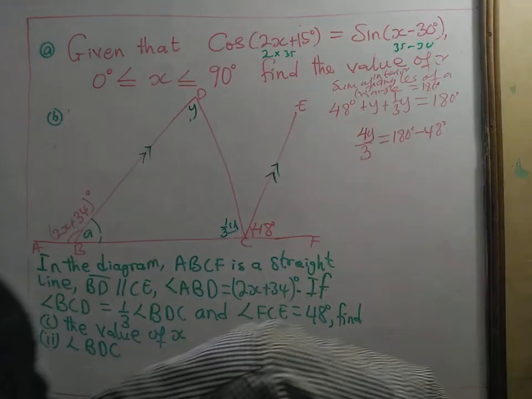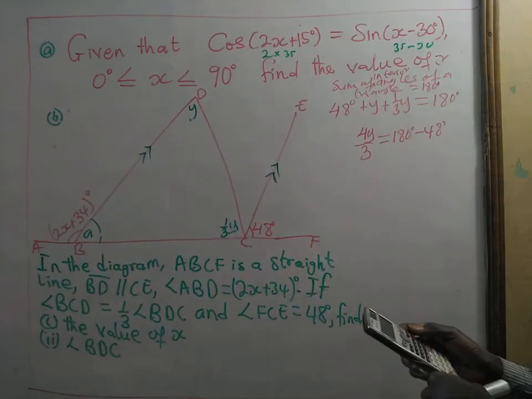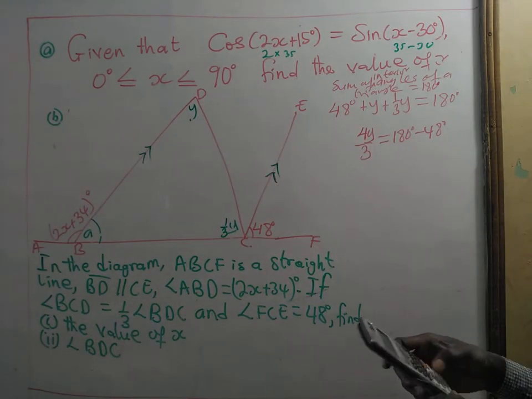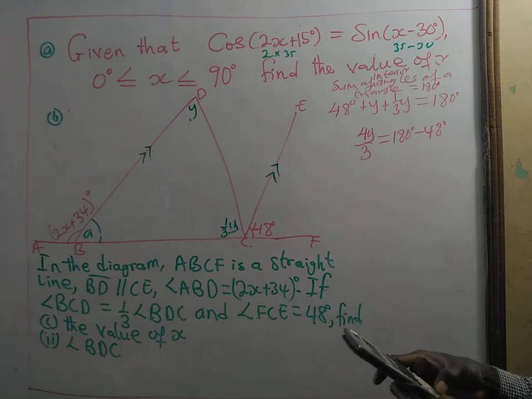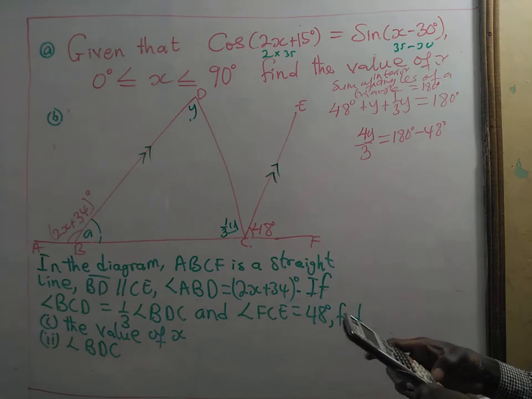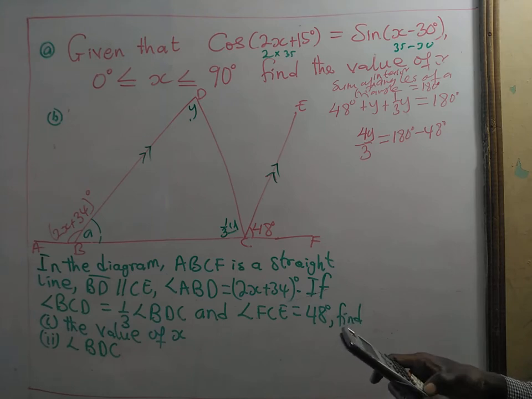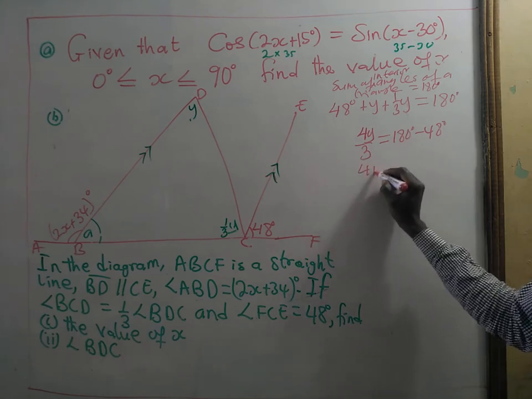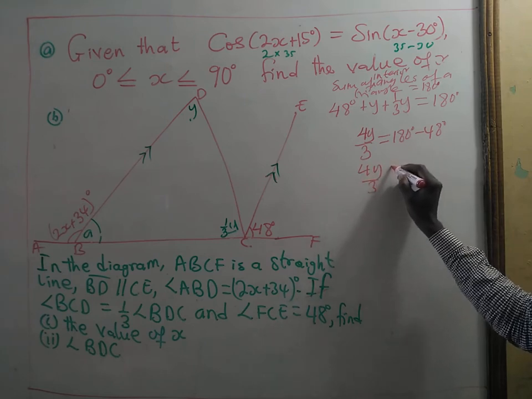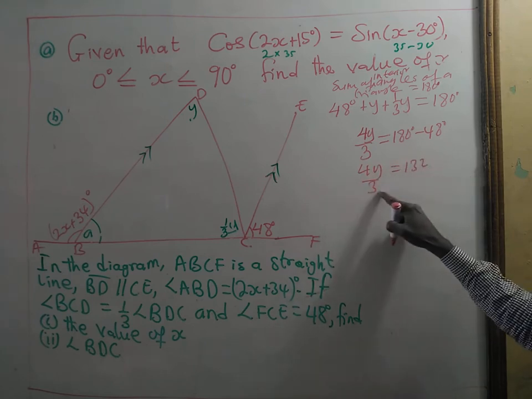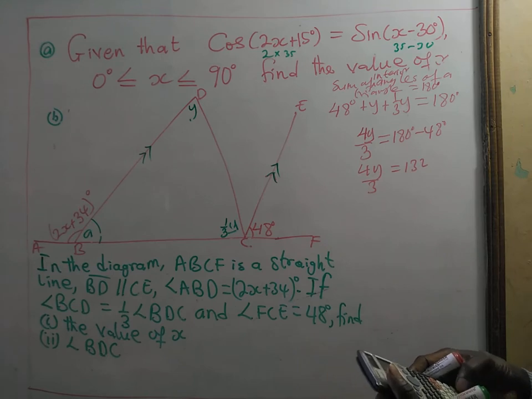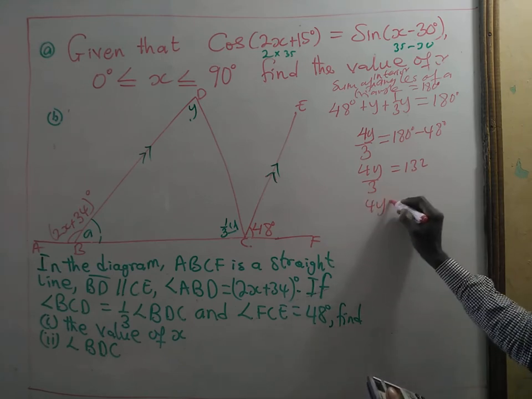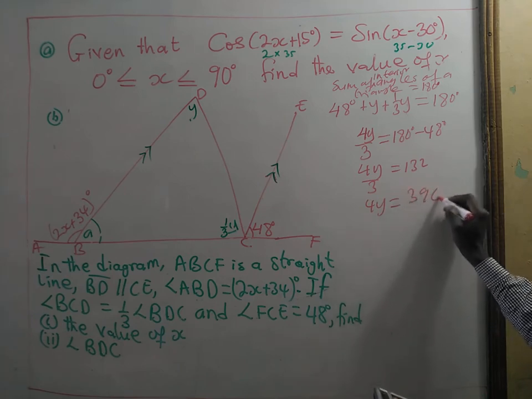So let's do that calculation. 180 minus 48 is 132. So we have 4y on 3 equal to 132. So we have 132 times 3. That is 4y is equal to 396.